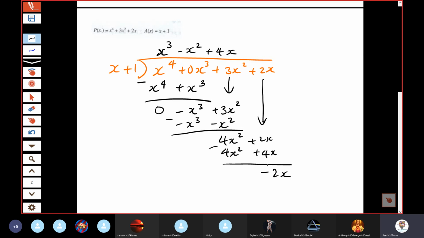X into negative 2x. Can I go again? Yes or no? Yes. Yep. What would it be? -2. And then when you write it down here, so negative 2x. Now, do I have a last term?